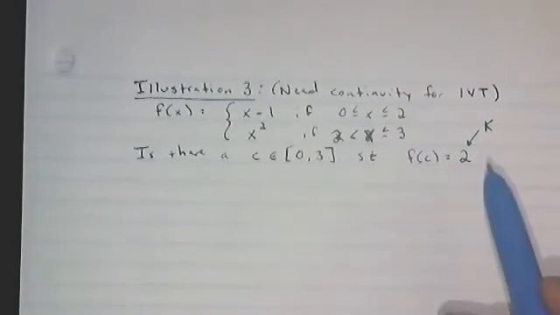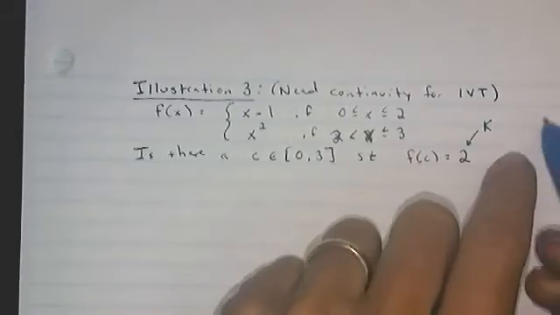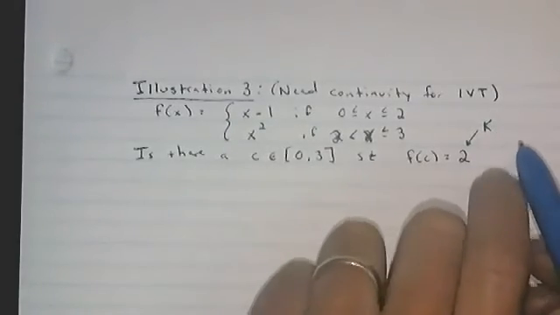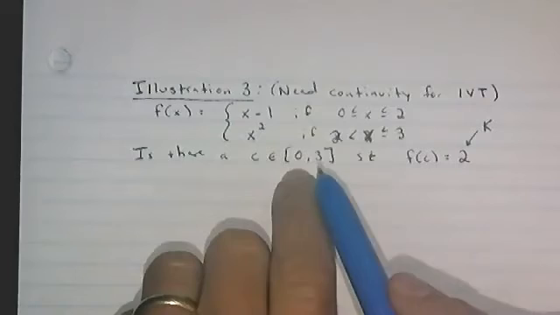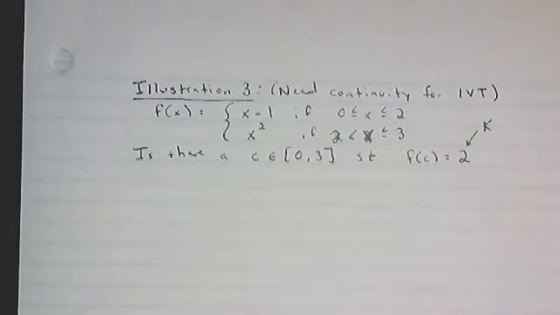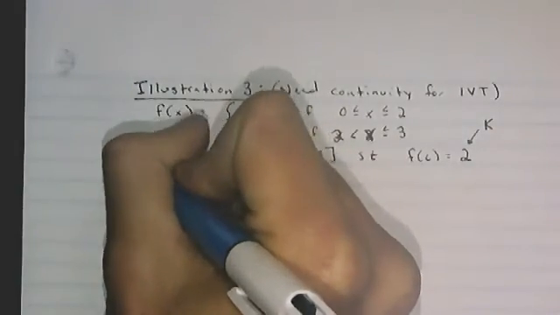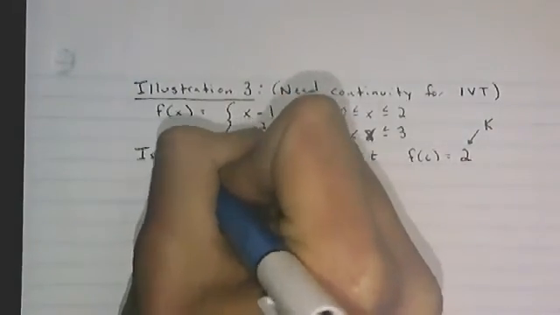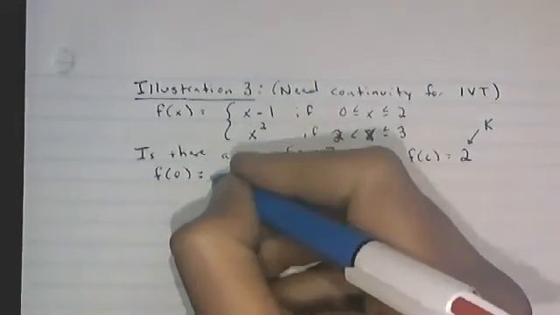So one of the things we'll have to do in these problems is to verify that this is an appropriately chosen value of k. In other words, does k fall in between the function values of our endpoints? Well, we need to know what the function values of our endpoints are. So f of 0 is equal to -1.